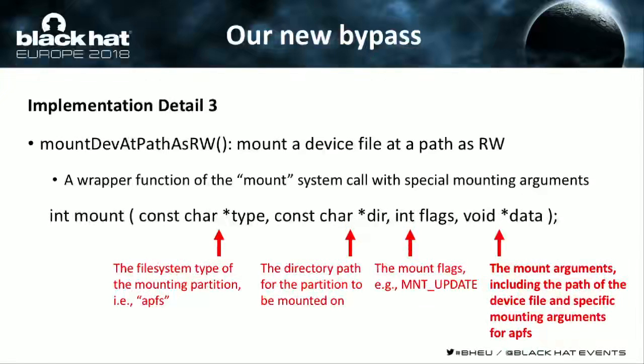The third detail in this code is that there is a function called mount dev at path as read and write. This function is a wrapper function of the mount system call, but with special mount arguments listed here later. And these arguments are retrieved by reverse engineering the APFS binary.